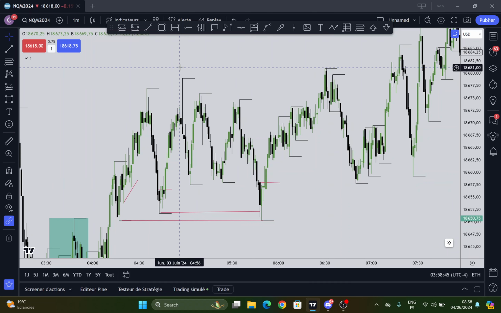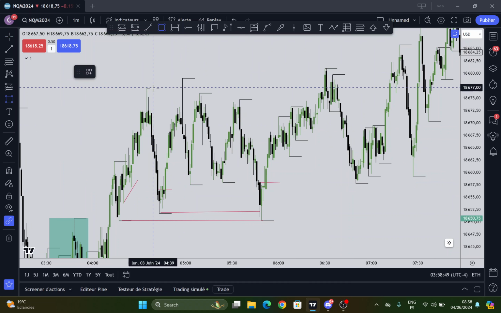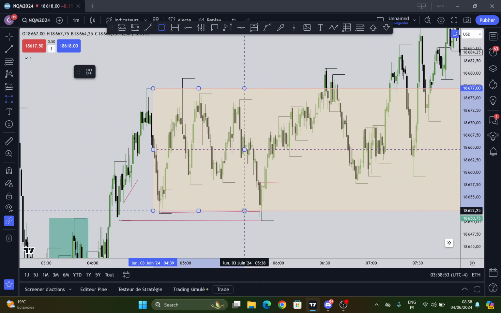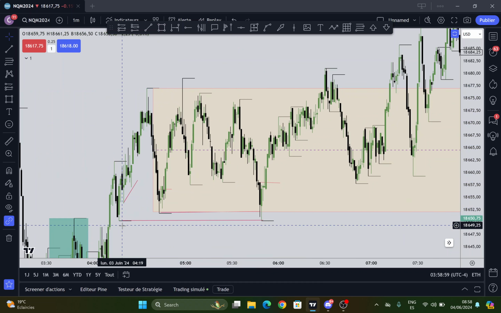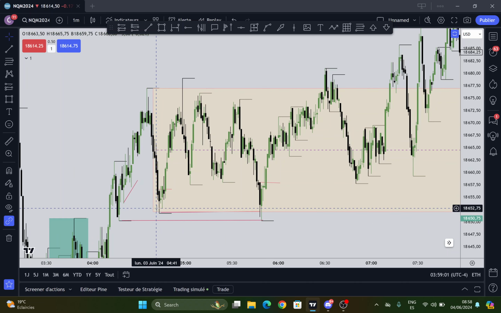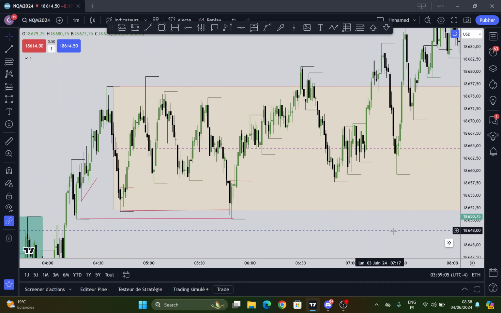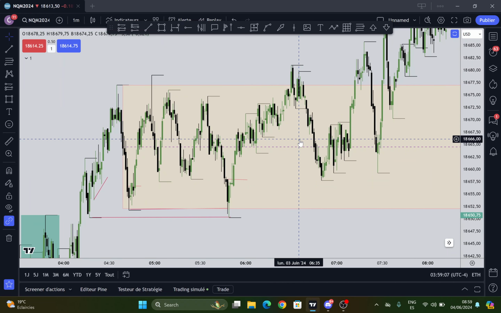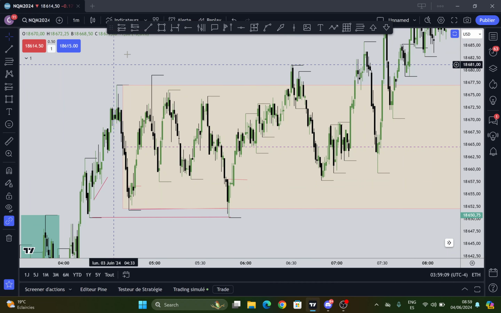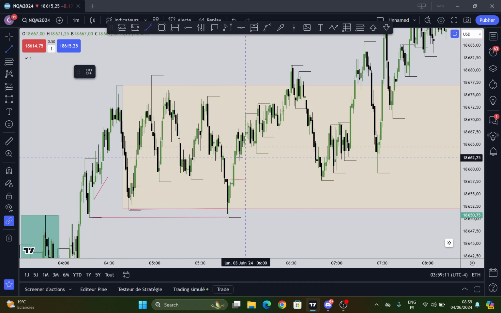The zone was from here to here, right? So we made that, kept sweeping and then closed. So this was the zone. At 50% again, we had this liquidity.